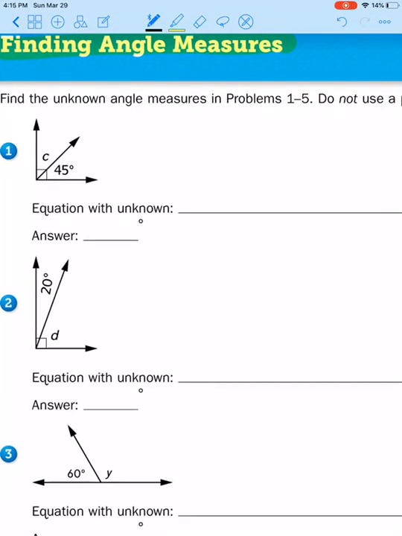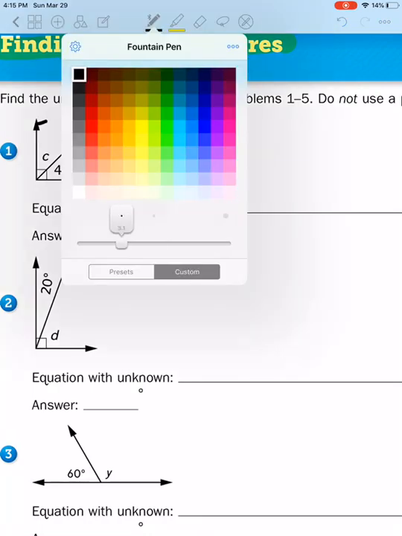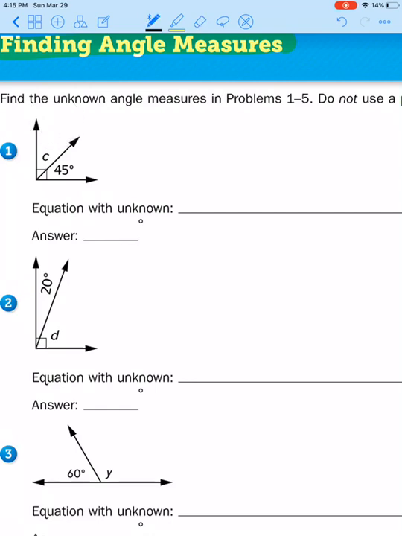So number 1, you have to think to yourself, what kind of angle is this? And I know that this is a right angle, which equals 90 degrees.